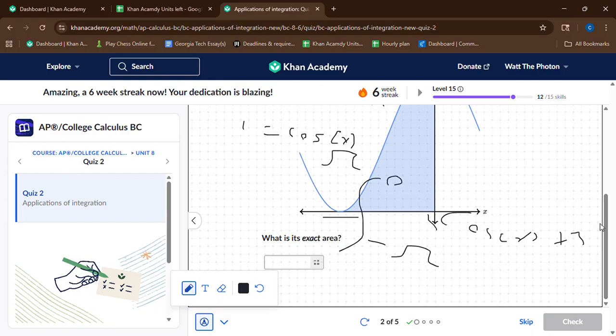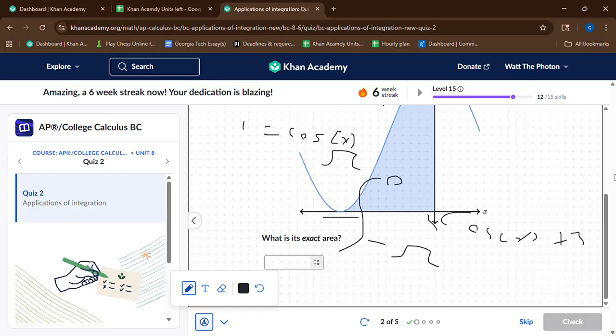3 cosine x plus 3 dx. And then, I'm going to manage that mechanically. Well, it's exact area, so I guess we'll just integrate it. Let's see.